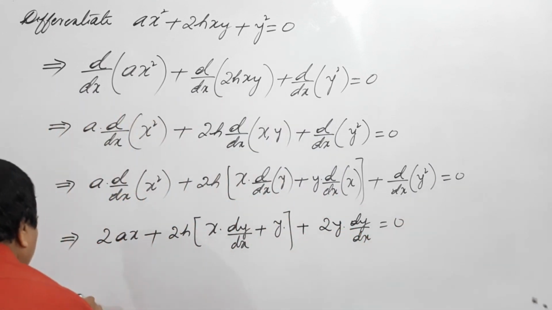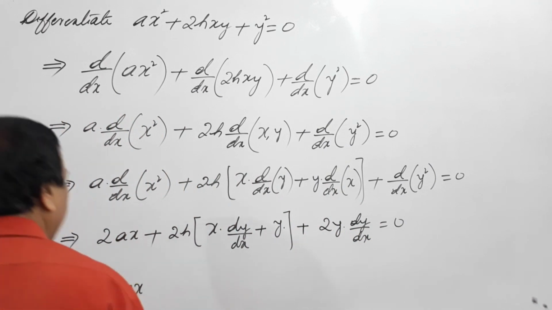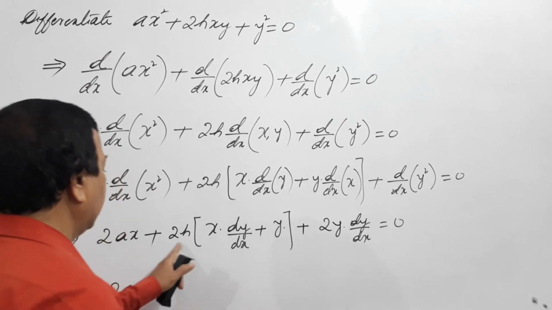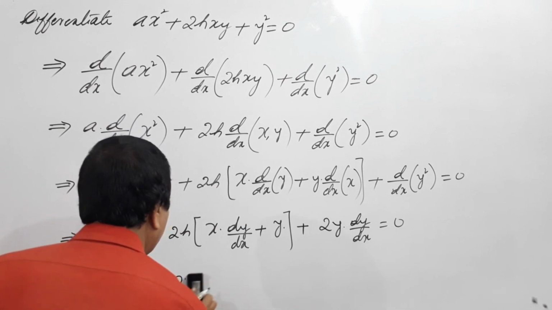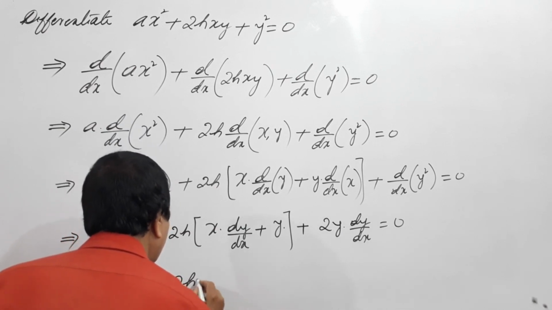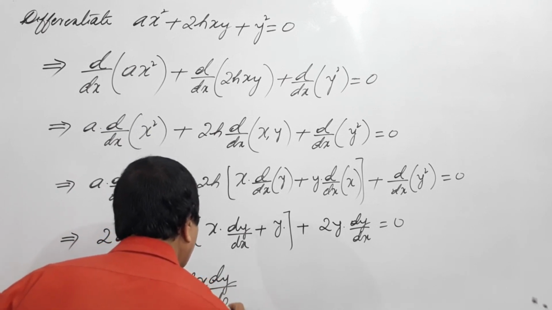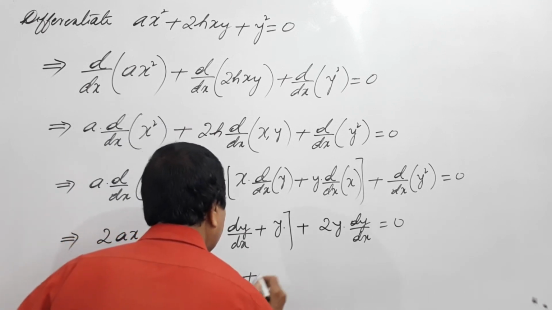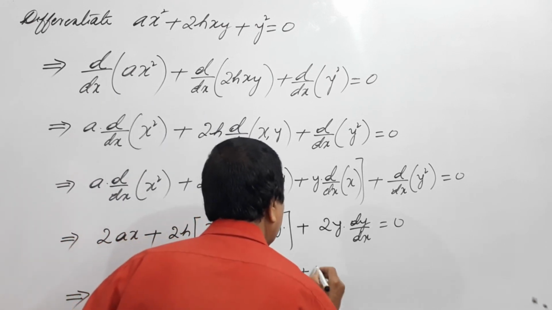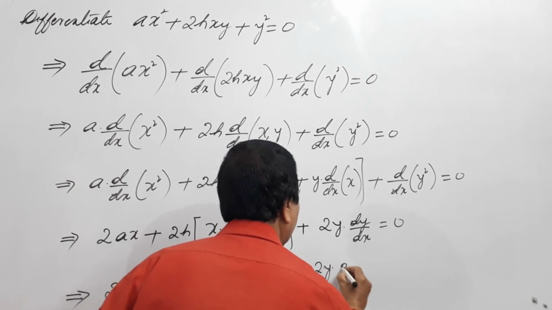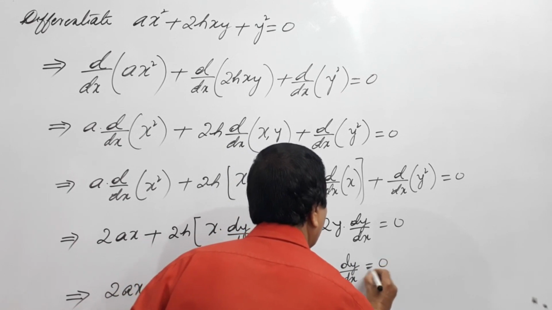So one more step, this becomes 2ax plus 2hx into dy by dx plus 2hy plus 2y into dy by dx equals to 0.